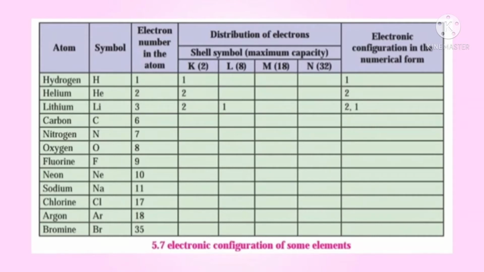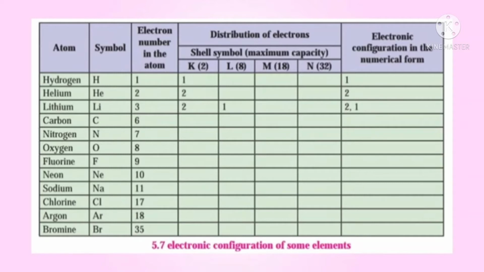So here the first atom given is hydrogen. The symbol of hydrogen is H. Also the electron number in the atom is 1. So it contains only one electron. Therefore, one electron belongs to the first shell K. So the electronic configuration in numerical form of hydrogen is 1 only.